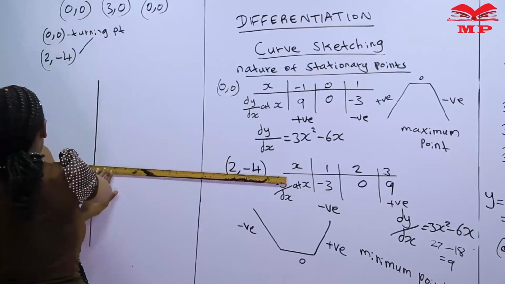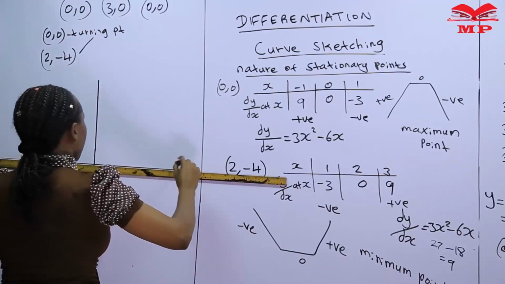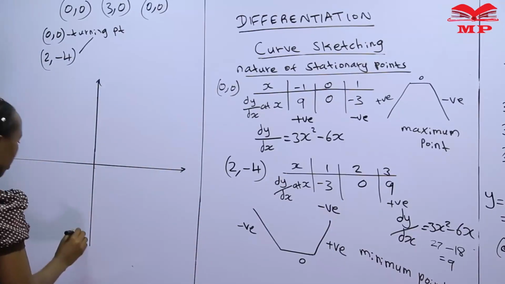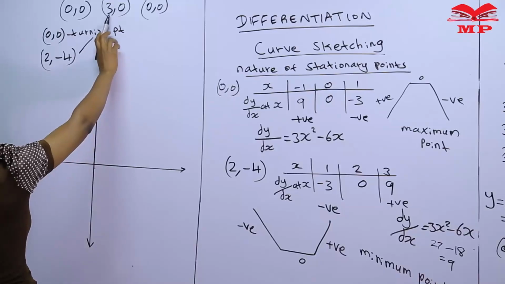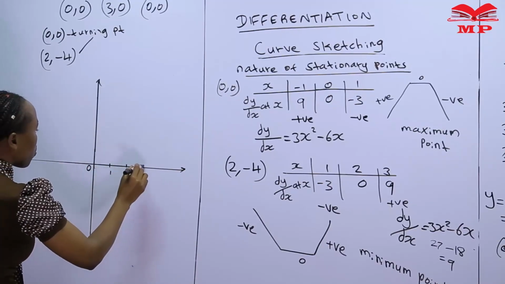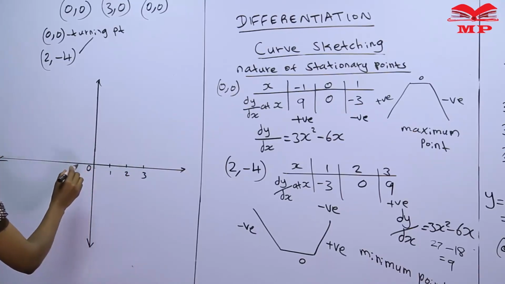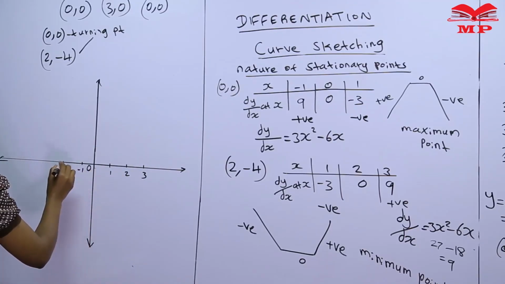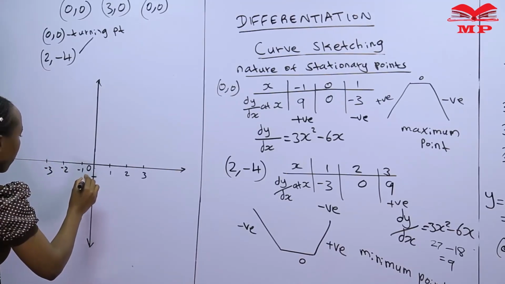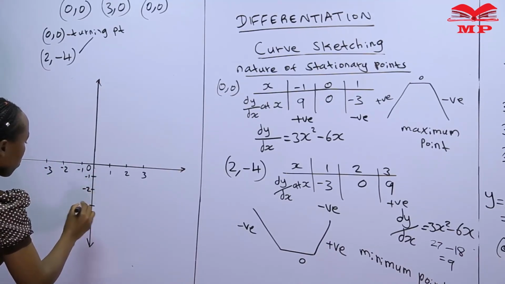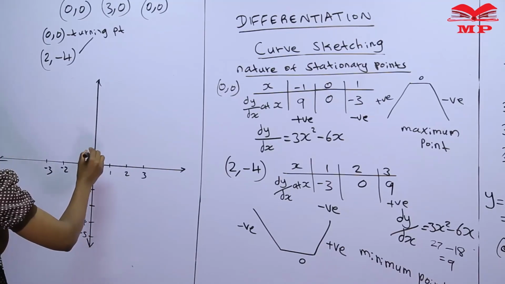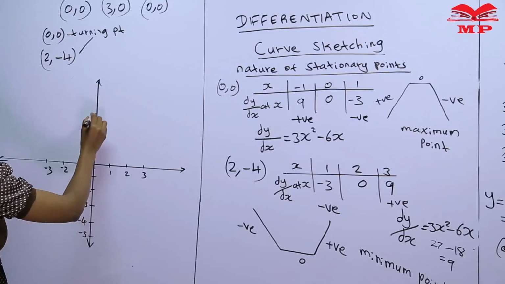On the x-axis, we have the highest 3, so we have 0, 1, 2, 3. Then we have negative 1, negative 2, negative 3. Then on the y-axis, we have 0, negative 1, negative 2, negative 3, negative 4, negative 5, and 1, 2, 3.